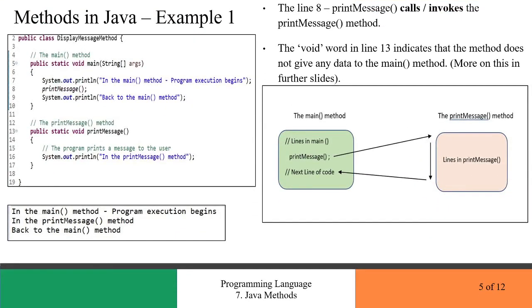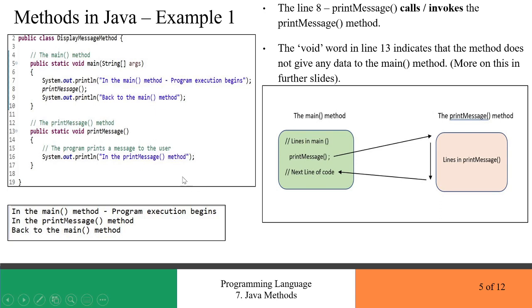If you observe here, as a part of line 8, what happens is, before the line 8, all the statements inside the main get executed one after the other. On reaching this line, all of the lines inside the printMessage method are executed, and once this is done, the code which is present in the next line of the main method gets executed and the program execution continues from there.